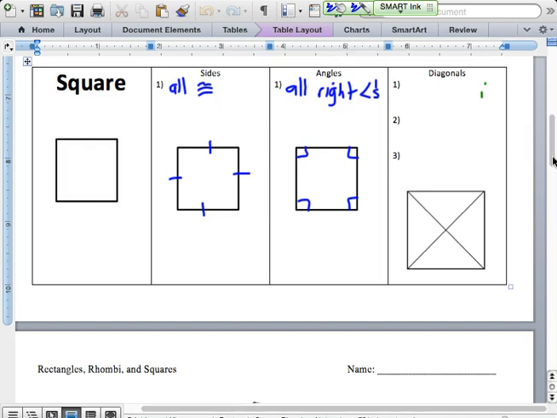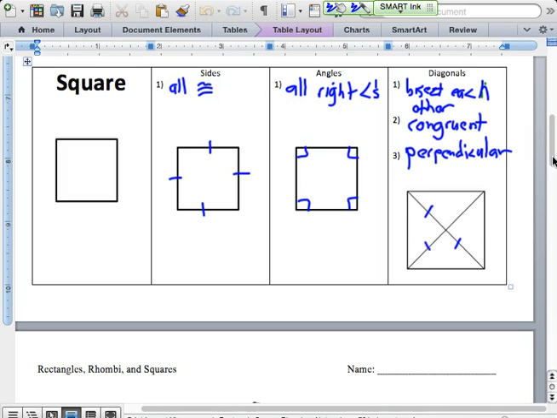And then diagonals, okay, they're going to bisect each other. Okay, they're also congruent, like a rectangle, and they're perpendicular, like a rhombus. Okay, so since they bisect each other, this is the same.